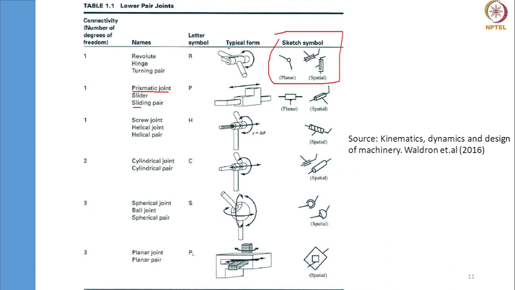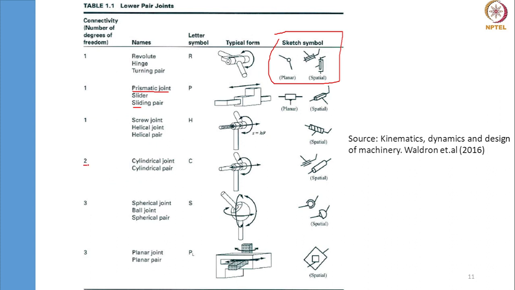So this table is going to be very useful for us because unless we have good hands-on experience or good memory with these pair joints and degrees of freedom for each pair joint, it will be difficult for us to solve the numerical problems in later stages. Cylindrical joint, it has 2 degrees of freedom. One is translational and one is rotational.